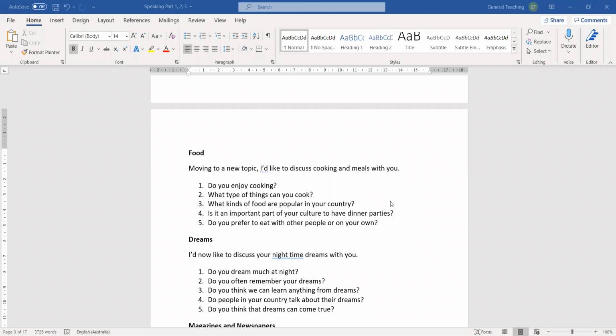Qabli is rice cooked with meat. Okay, is it an important part of the culture? Whenever you have dinner parties or functions, is this dish a part of it? Yes, absolutely. It is very popular in my country, and it is very important. It is very delicious food.